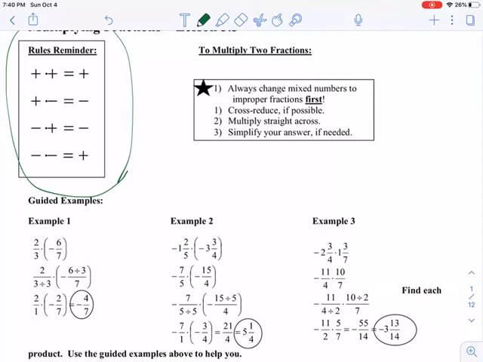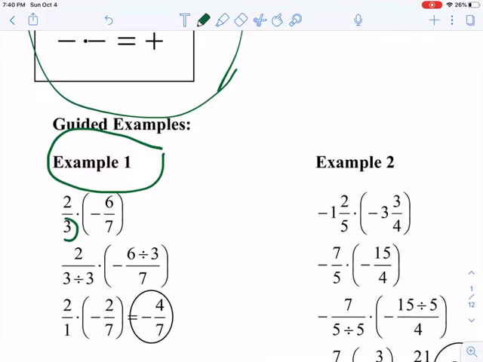All right, so to multiply two fractions, like in example 1 here, you can multiply straight across. You can cross reduce if you want to, like right here they cross reduced the 3 and the 6.